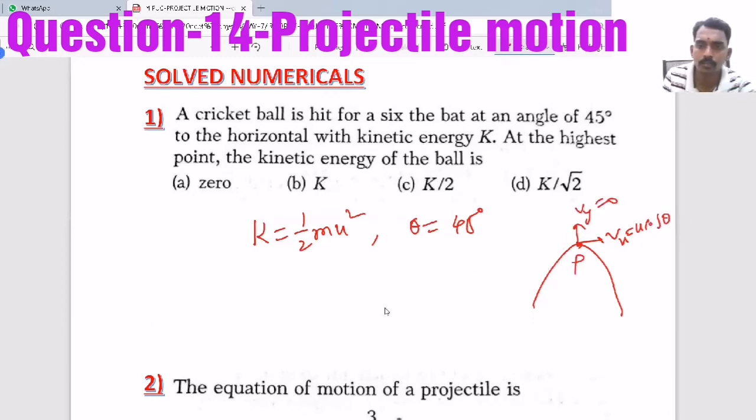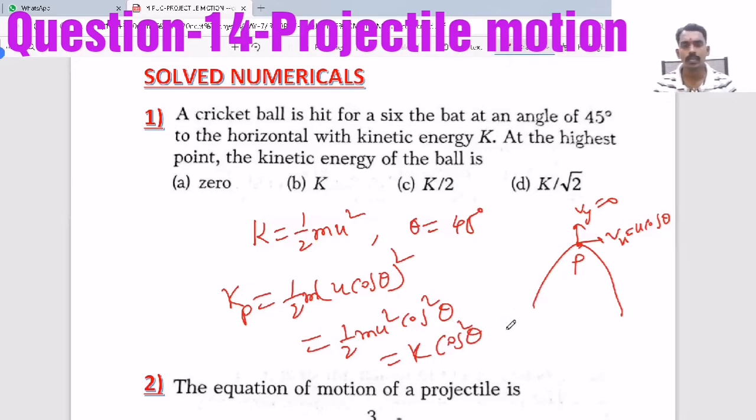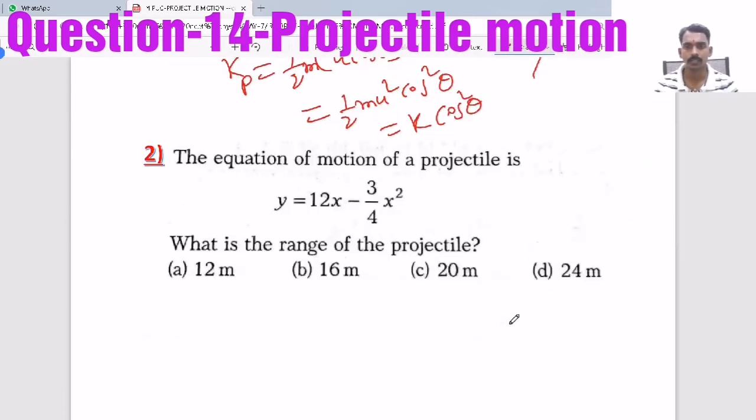Let's say that point is P. Then kinetic energy at P is half m u cos theta whole square, that means half m u square cos square theta. Half mu square is K, so it is K into cos square theta, where theta is 45. If you substitute, you will get K by 2.